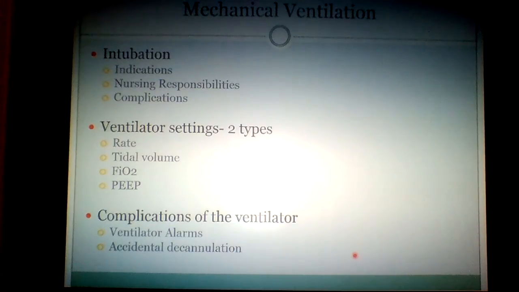After Dr. Dan has gotten the ET tube in place, our job, again, is always assessing. That is what we do 24 hours a day, 7 days a week. We are going to listen to lung sounds bilaterally and watch for chest movement. Okay. Sometimes we will hear no chest movement on one of the sides.